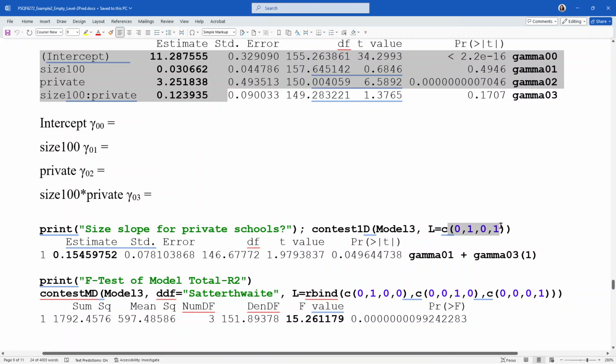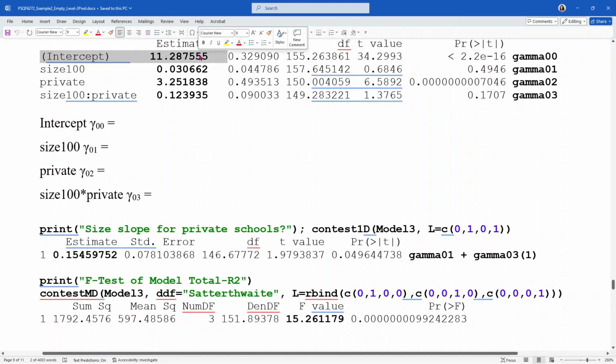So this series of zeros and ones says the first one's 0, meaning don't do anything with the intercept. That's not relevant to me finding the effect of school size for private schools, which is what I'm trying to do, the model-implied simple slope for that. Because I want the effect of school size, I do need a 1 in the second spot.